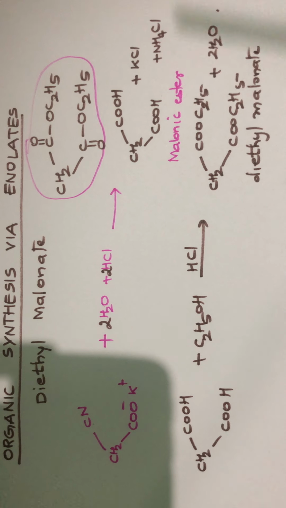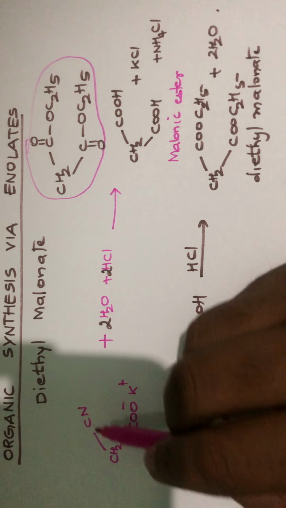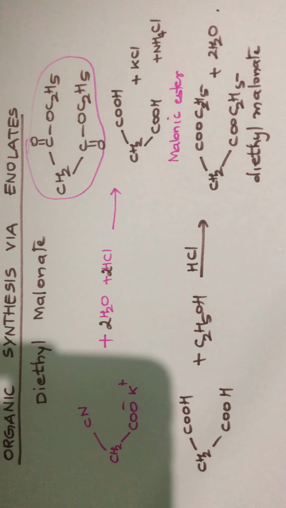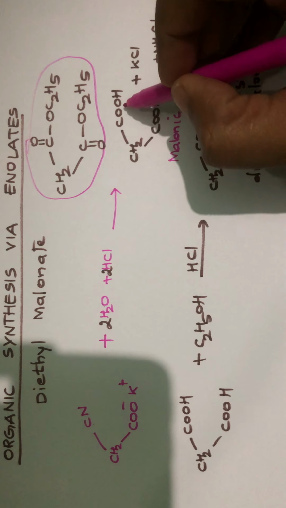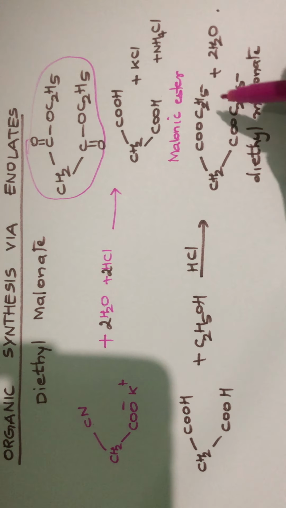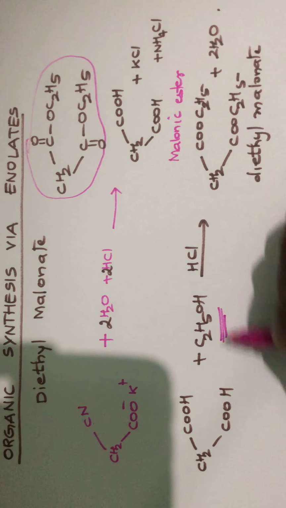So the preparation of diethyl malonate occurs in 2 steps. It can be prepared from potassium cyanoacetate. In the first step, it undergoes hydrolysis to form the corresponding acid. The acid is then converted into ester by an esterification reaction.